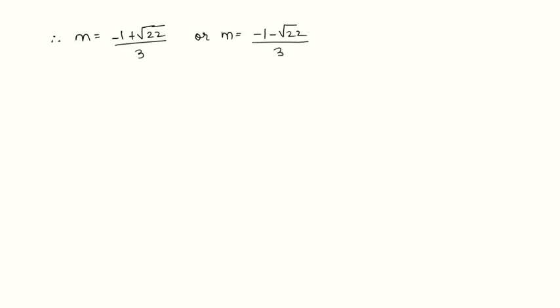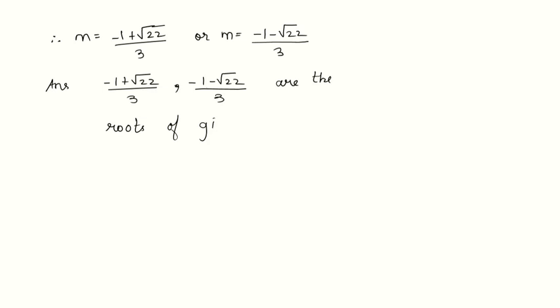Therefore the answer is minus 1 plus square root of 22 upon 3, comma, minus 1 minus square root of 22 upon 3 are the roots of the given quadratic equation.